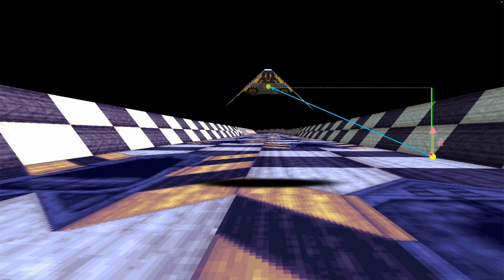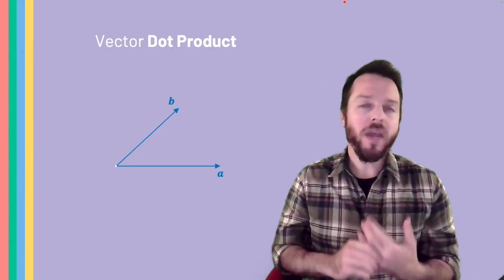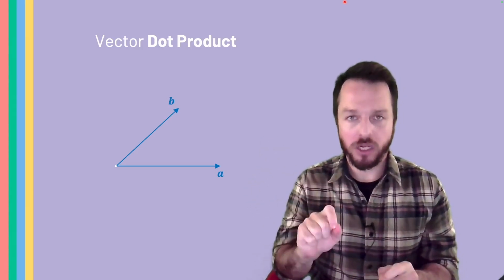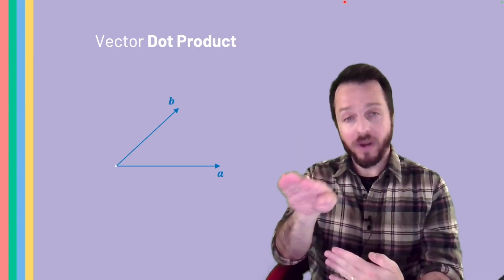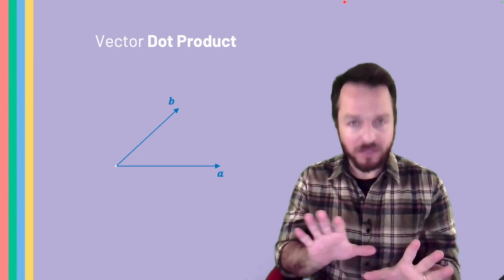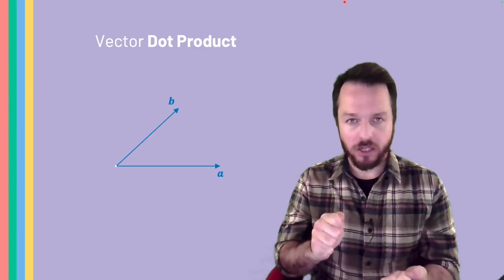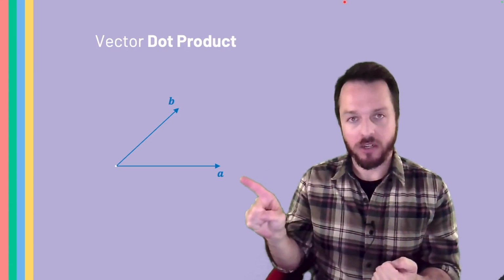And this thing right here is a vector operation that we call the dot product. So let me just quickly review what the dot product is all about. Given that we have two vectors, there is one vector operation called the vector dot product, which is going to give us exactly that projection of one vector onto another. For the sake of simplicity, imagine that this vector A is a unit vector, has length 1, in other words, a normalized vector.